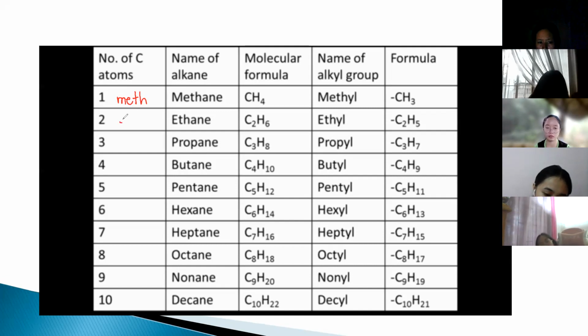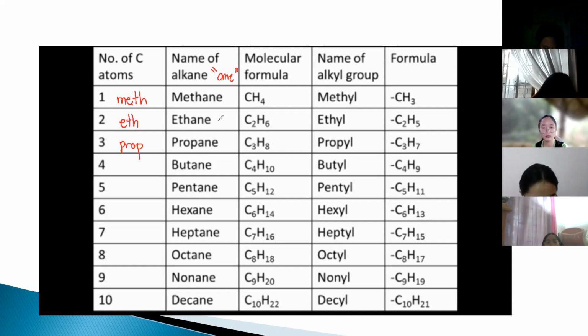Now, if two carbons, the name should start with eth. And for 3 carbons, the name should start with prop. So when you see methane, ethane, propane, that is for alkanes, because an alkane's name should end with ane. One carbon and an alkane, we call it methane. Two carbons with single bonds, so an alkane, we call that ethane.